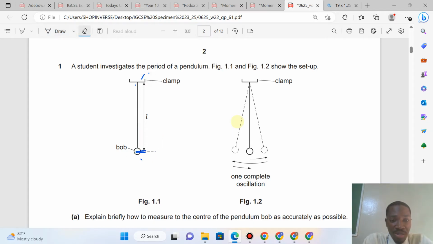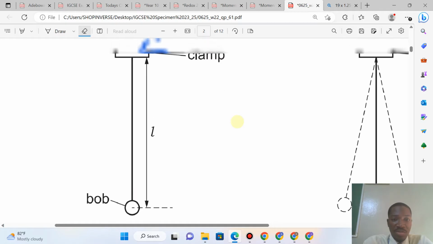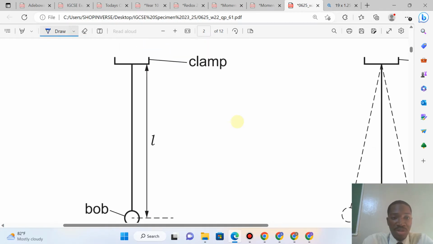How do you do that? You just use a meter rule and you ensure the meter rule touches the center of the pendulum bob. So you just place a meter rule beside your pendulum bob and you ensure the meter rule touches the center of your pendulum bob.